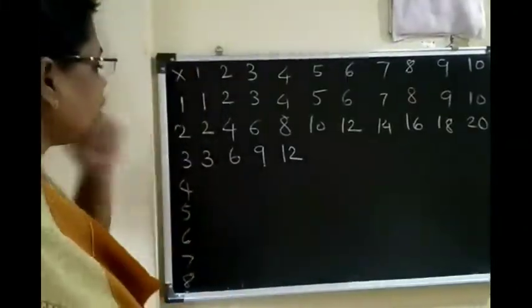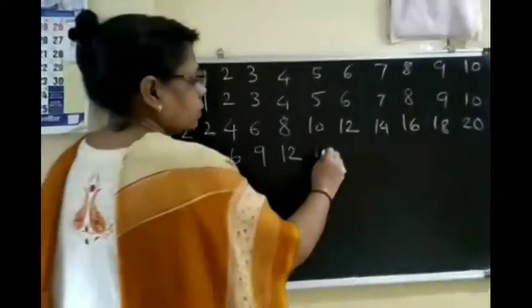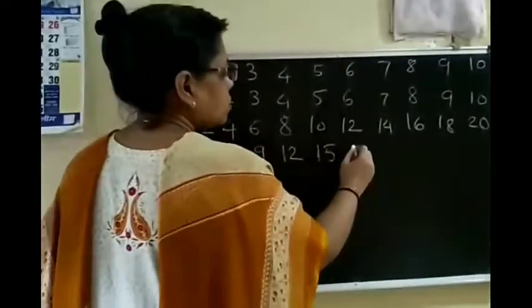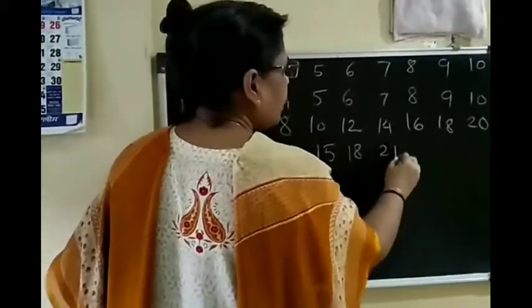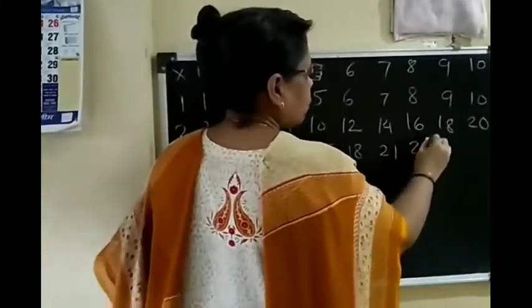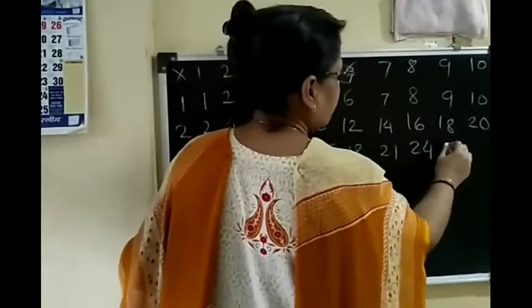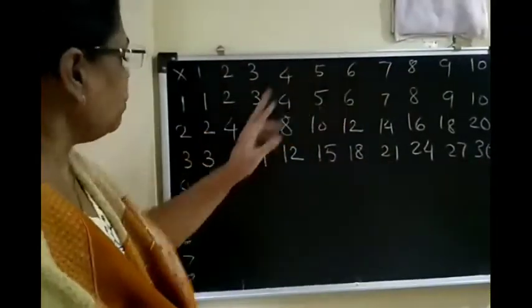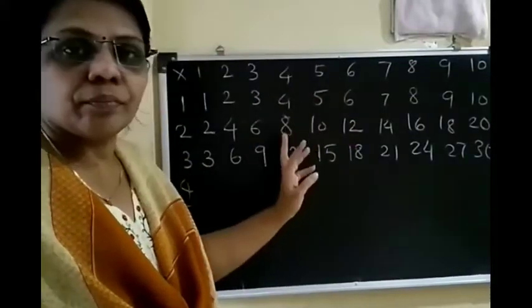Here all the figures will be multiplied by 3. 6 3s are 18, 7 3s are 21, 24, 9 3s are 27, and here 30. All the figures are multiplied by 3, then 4, then 5, then 6, then 7.